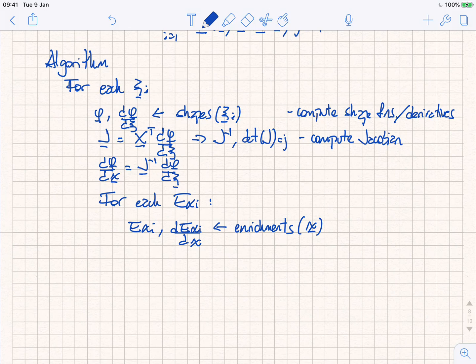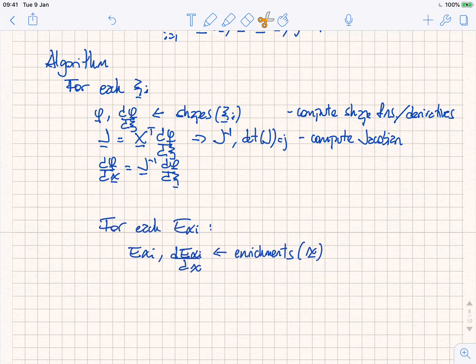So let's move this down a bit. Let's say that we compute our global coordinate as uppercase X, which is a matrix that has the X and Y coordinates of all the nodes of your element, multiplied by my phi vector.